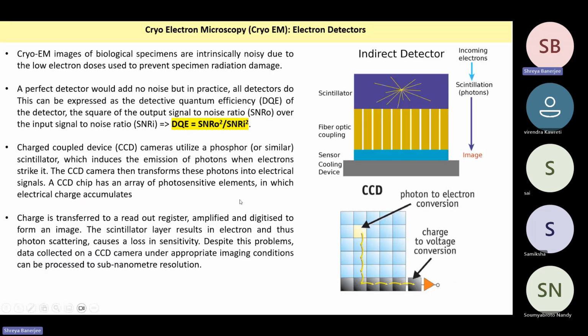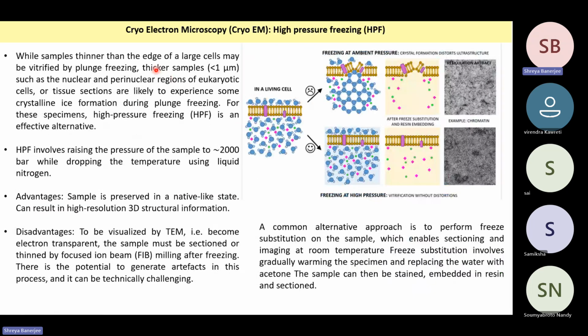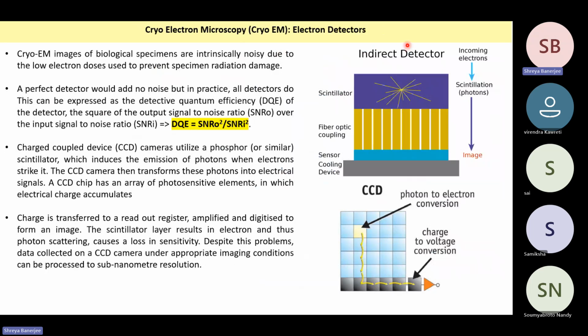So in cryo-electron microscopy, you can have two kinds of detectors. One is an indirect detector. The electron, after it passes through the sample, strikes the detector and a photon will be released, and the photon will be converted to an image.